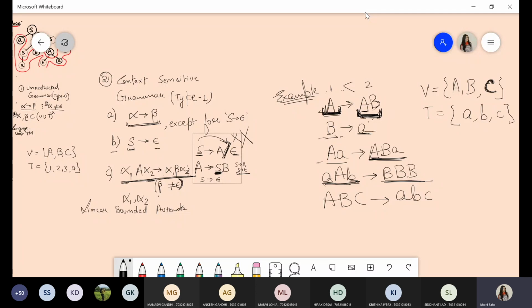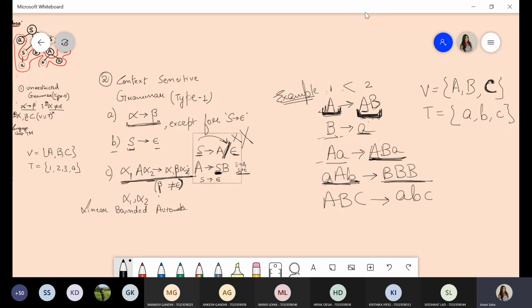So in question, if it is asked, what type of automata is recognized by a regular language? A regular language is recognized by what type of automata? So in the options, if all the 4 automatas are given, you have to select finite automata. Though I do agree that even a Turing machine can recognize a regular language, but what is the least automata that can recognize it?